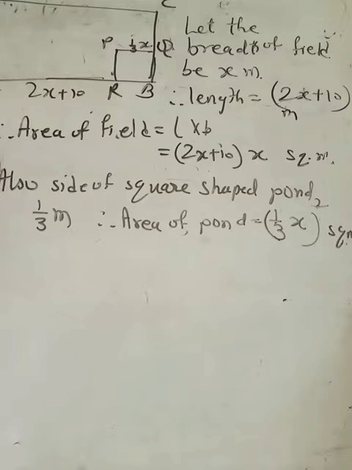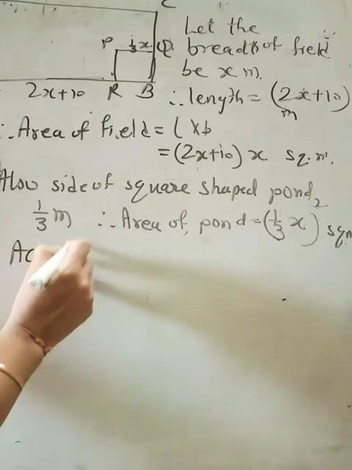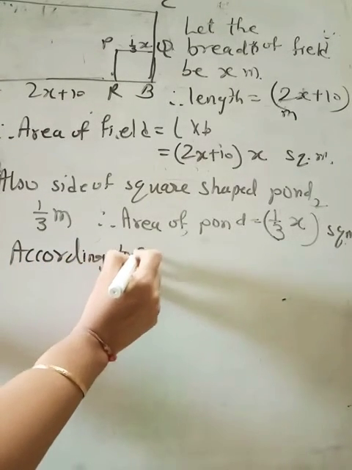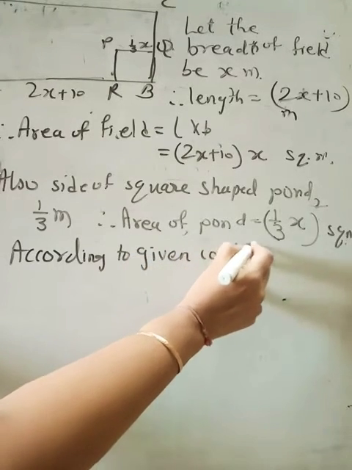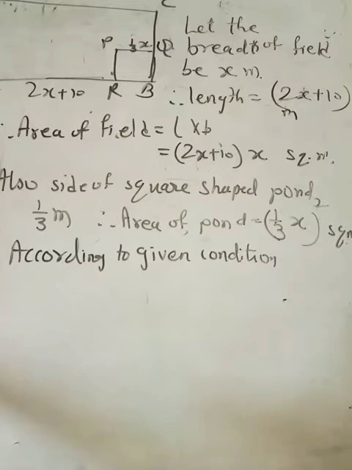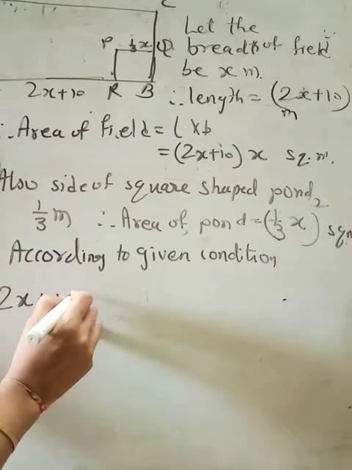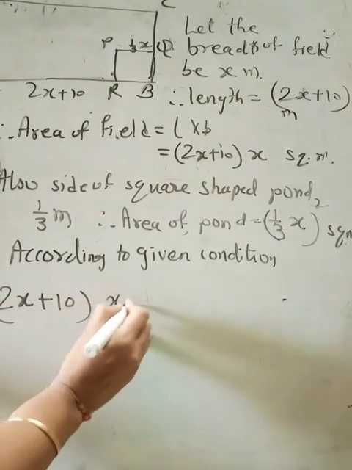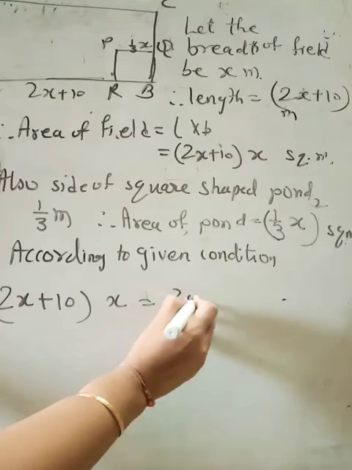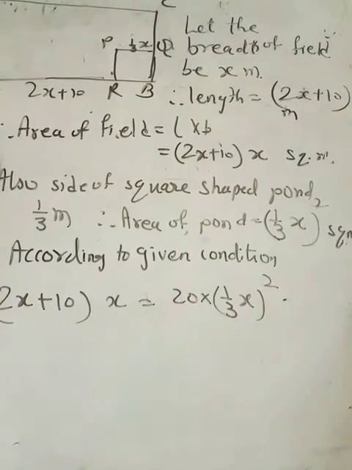Now we will use the given condition. So according to the given condition, what do they say? It is 20 times, isn't it? So x into (2x plus 10) is equal to 20 times (1/3 x) the whole squared.